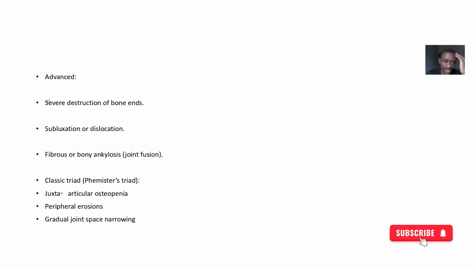Advanced, you see severe destruction of the bone ends. Okay, subluxation or dislocation. Then you see fibrous or bone ankylosis. Then you also see the Phemister triad, where you see the juxta-articular osteopenia, peripheral erosions, and gradual joint space narrowing. We'll talk about all of them later.